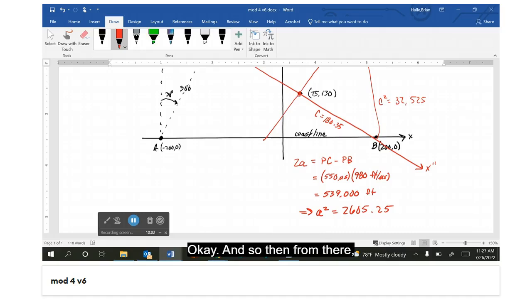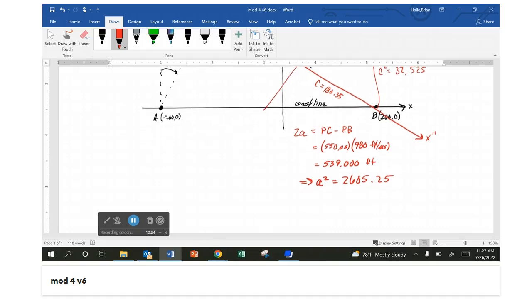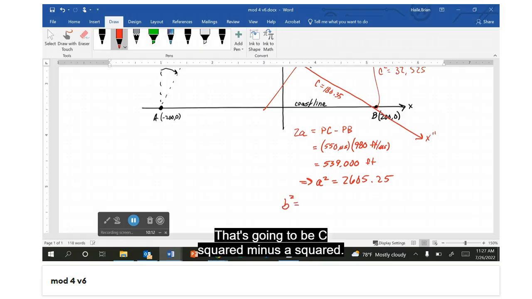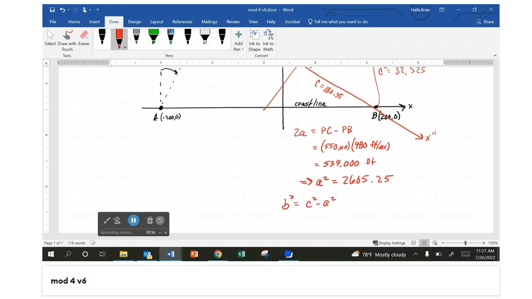And so from there, we can calculate b squared. That's going to be c squared minus a squared, and so that's going to be 29,919.75.